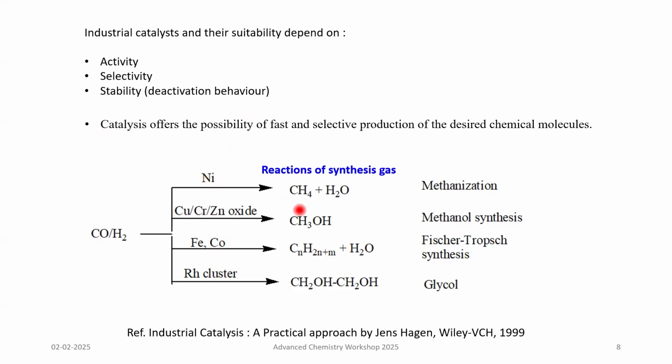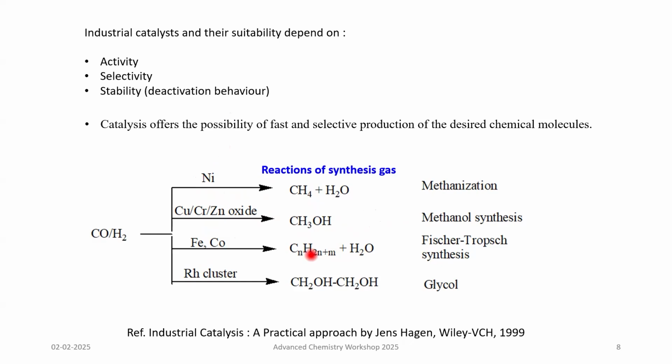Use nickel, you get methane. You use copper, chromium, zinc oxide, you get methanol, that is methanol synthesis. And you use iron, cobalt, then you get hydrocarbons. Same reactants, catalyst is different, product is different.